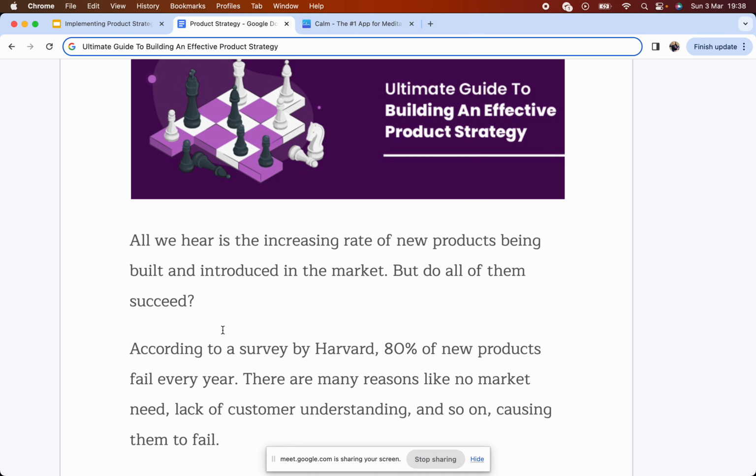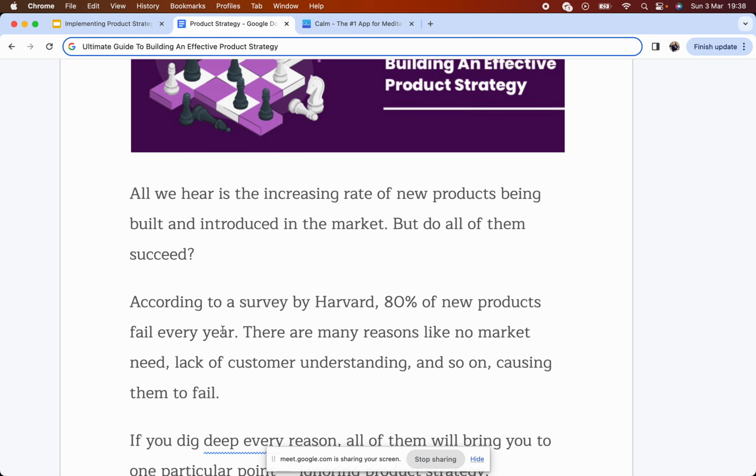There wasn't that much relevance to do so, but now, to build a product, you need to think of the strategy, how you're going to ensure you're building the right thing, and then how to market it. And this is something that Harvard have done research on, finding that most products actually fail yearly, not every product succeeds.